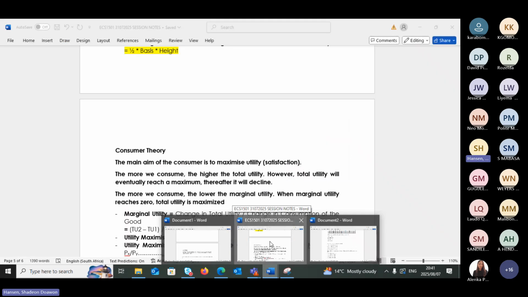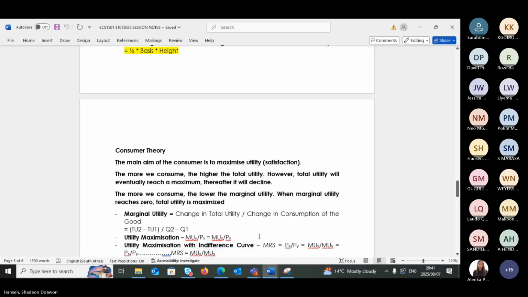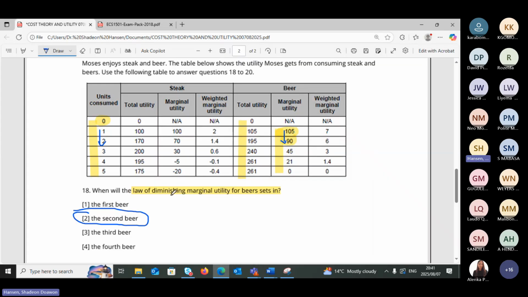Let's go to our notes. Of course, there's no formula for total utility, but total utility is always given. If you were to calculate backwards, students, at the first unit of whatever good you consume, your total utility and your marginal utility are always equal to one another. When we move on to the second unit, you see what happened to total utility?